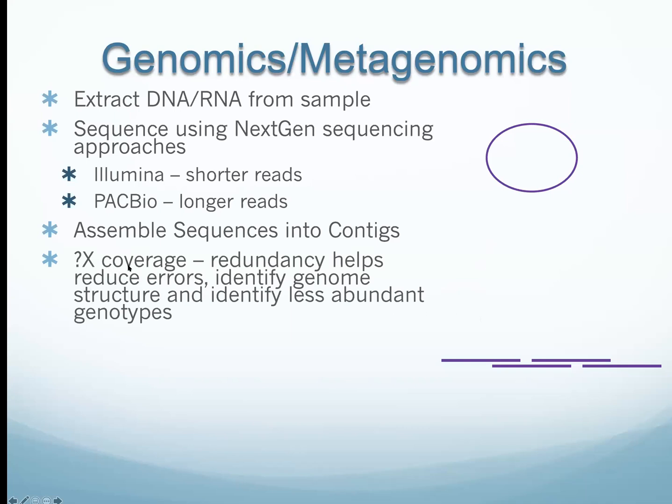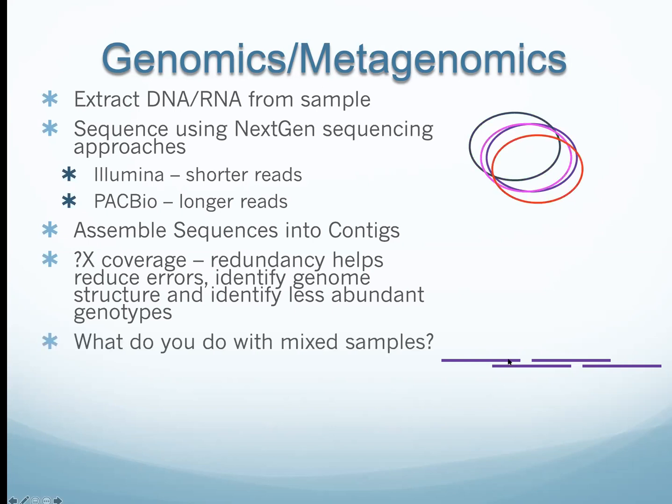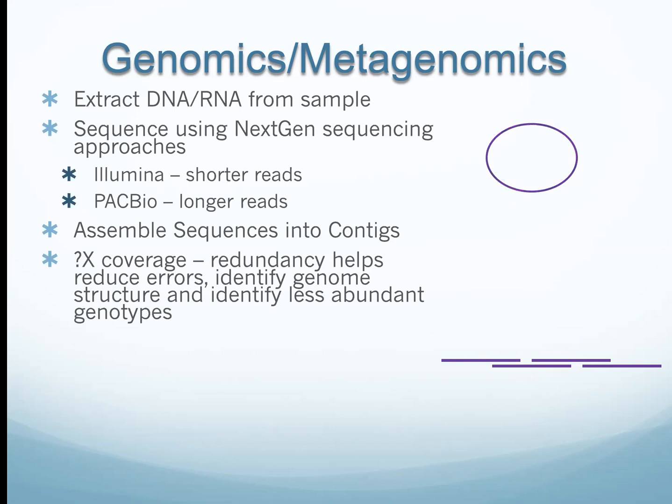And so we call that coverage, right? In this case, we only have two-fold coverage or one-fold coverage really, but you can end up with lots of different reads. So maybe we have 1,000 of these and 1,000 of these and 1,000 of these, and you can line them all up and compare them. And that redundancy helps you to reduce errors.